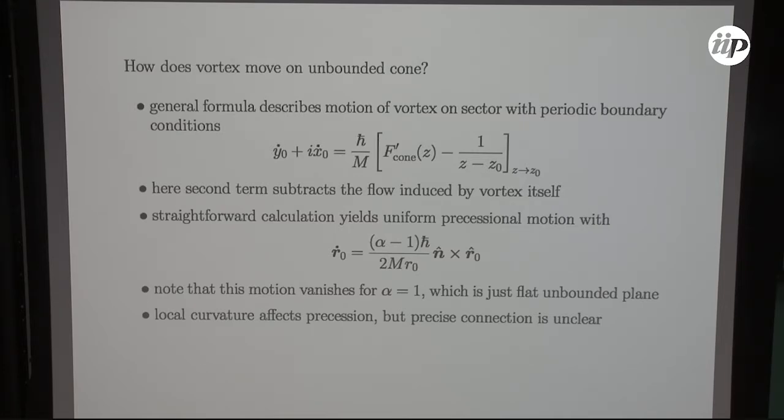It's a simple expansion. And what you find is the vortex precesses uniformly around the circumference at a particular r with a coefficient alpha minus 1. Now, it's nice that that vanishes when alpha is 1 because that's a plane, and the vortex had better be at rest.